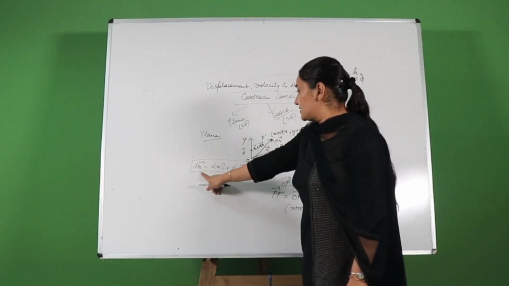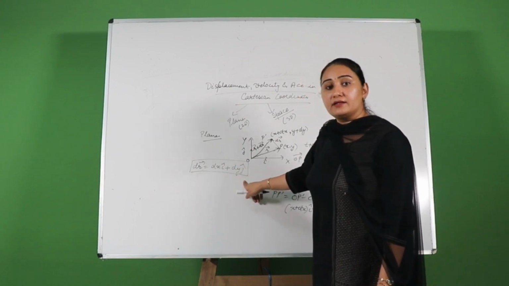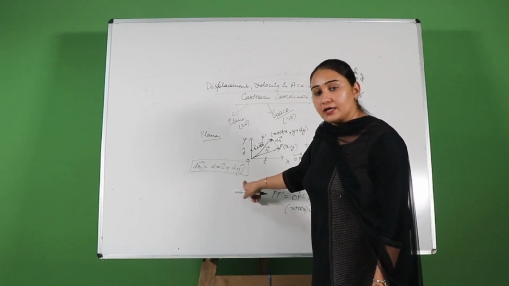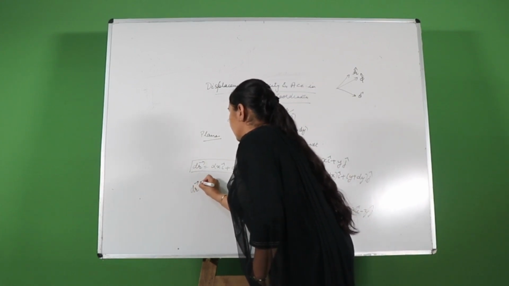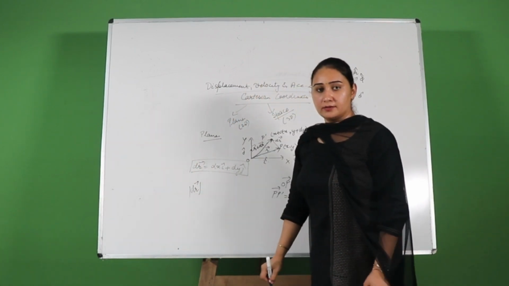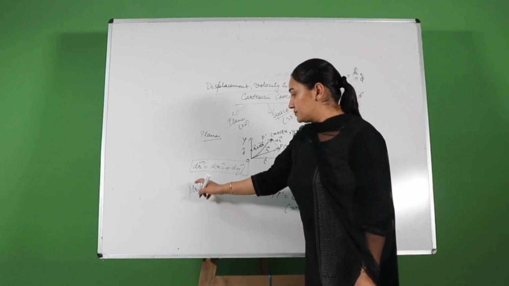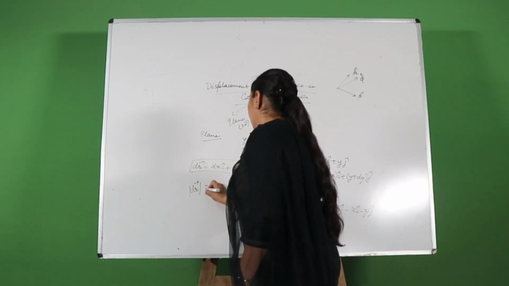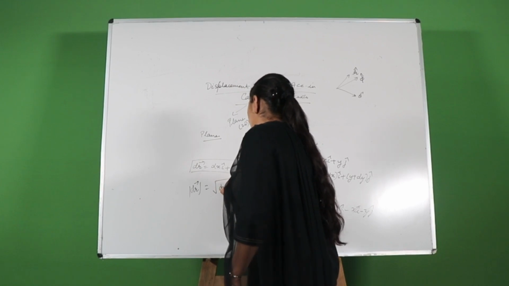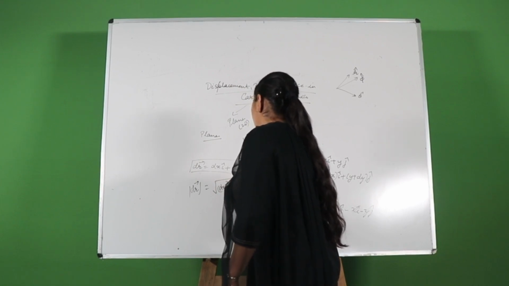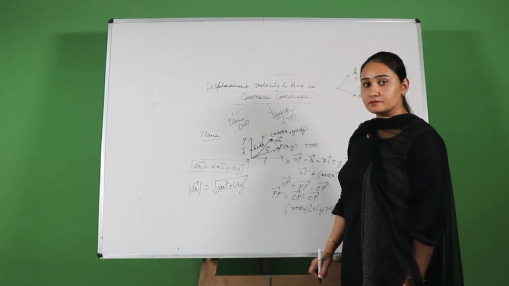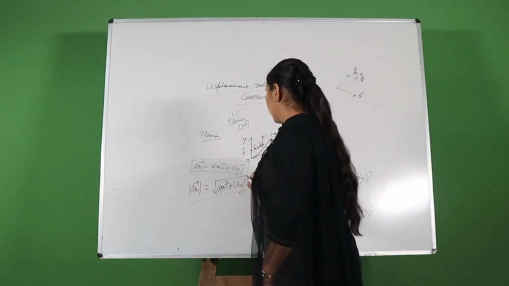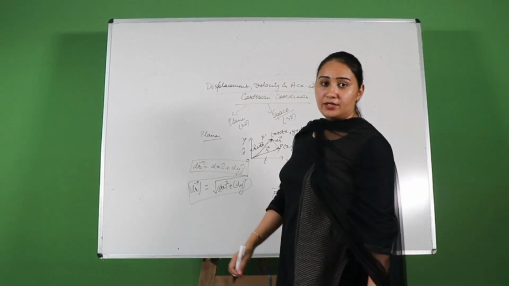Now if this is the vector form and I want the magnitude, I can get it simply by putting a mod. This gives me the square root of dx square plus dy square. So this is my displacement in magnitude.